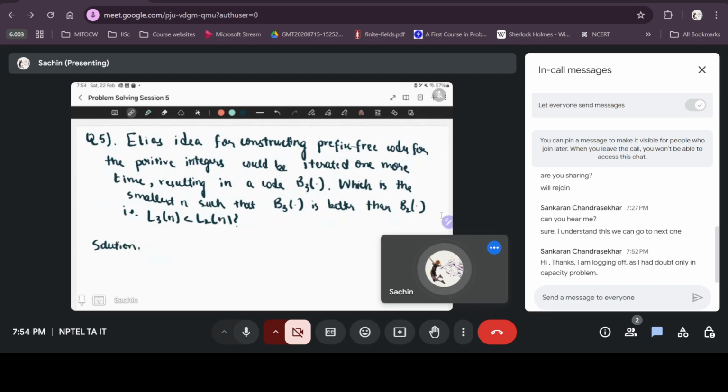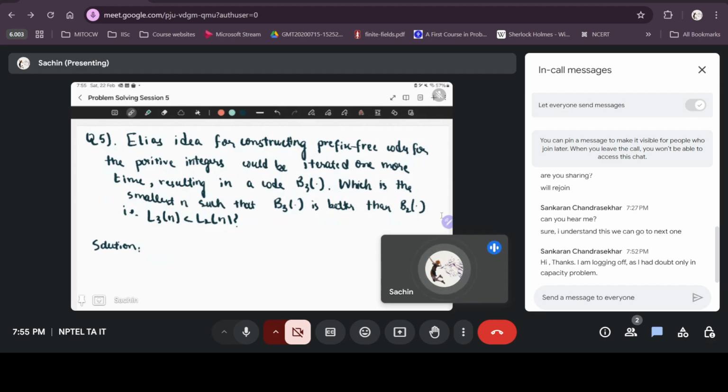You might think you could do it just by trial and error, but then you will be lost if you actually try to do that. Because B3 doesn't become better than B2 unless you have a huge number.